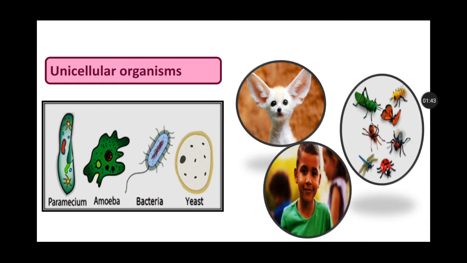Unicellular organisms, as you can see in this picture, paramecium, amoeba, bacteria and yeast are some of the examples of unicellular organisms. As you can see, the bodies of these organisms are single-celled. Each cell has its own organelles and they perform different functions.